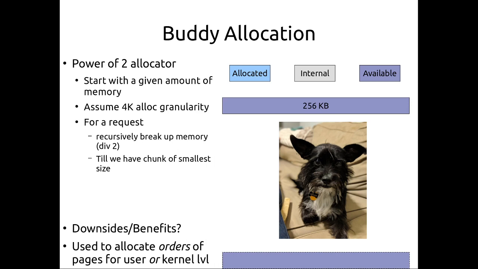It's all available for us to satisfy an allocation with, and we're going to recursively break it up into subsequently smaller power of 2 allocations, keeping track at every point of which ones of those allocations are available, allocated, etc. So the big question is going to be, what are the downsides and benefits of this? Penny's already waiting with bated breath for me to go through the actual sequence of how the BuddyAllocator works, but I want you to keep in mind, of course, that we're engineering here, so there are trade-offs. Keep in mind what they are, right?